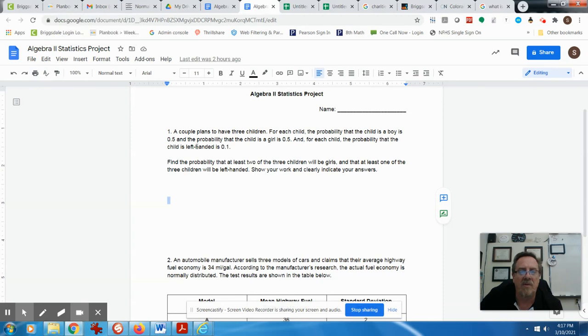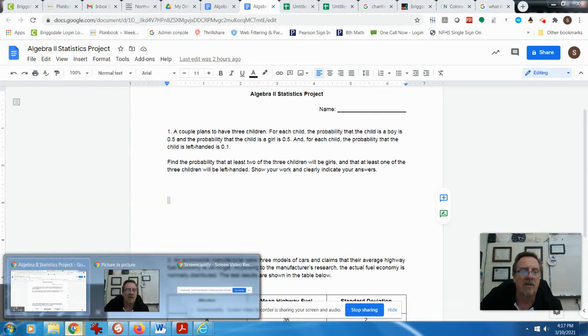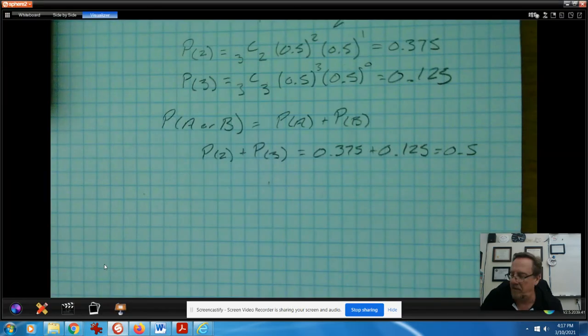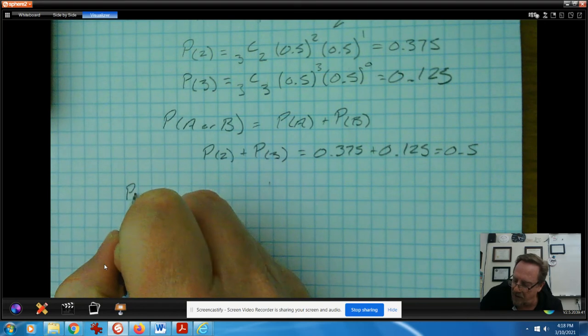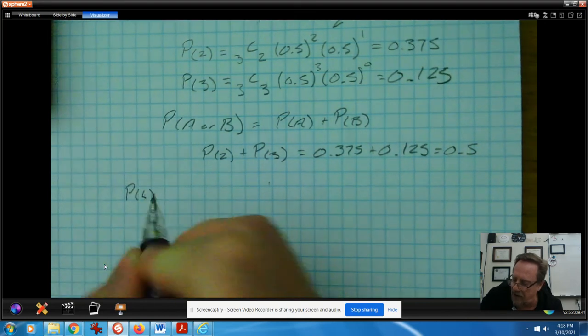Notice that it says the probability that somebody's going to be left-handed is 0.1. That's like a 10% chance. So let's consider this. What's the probability then that they're left-handed?